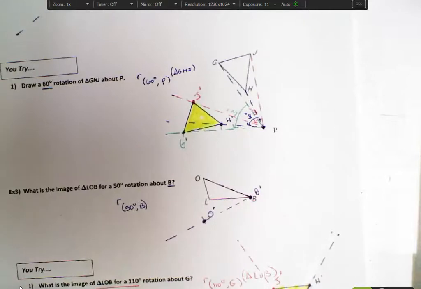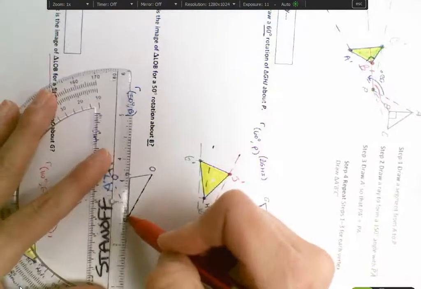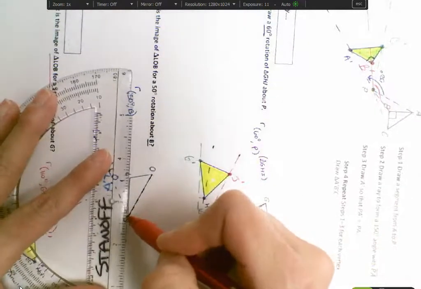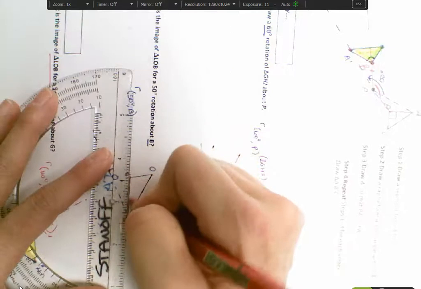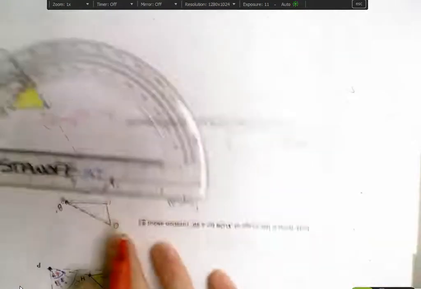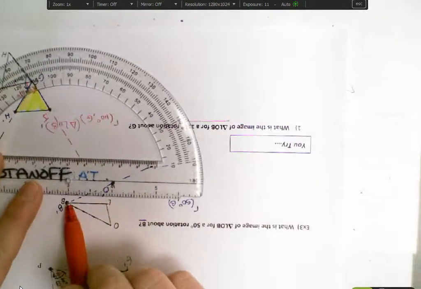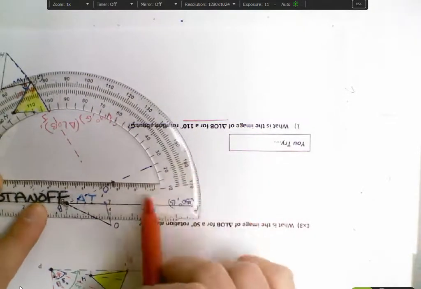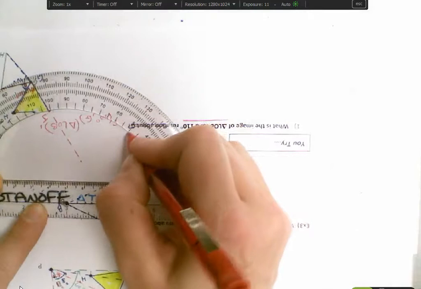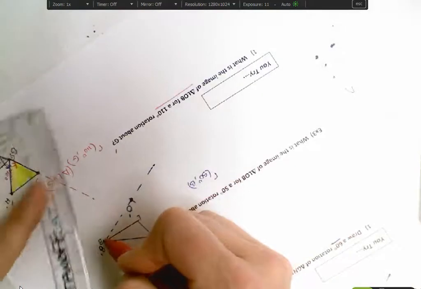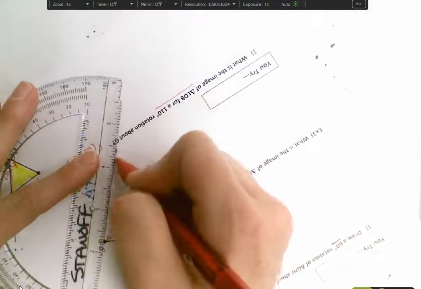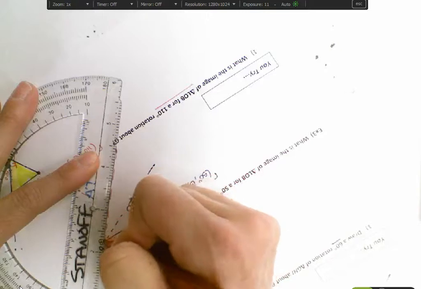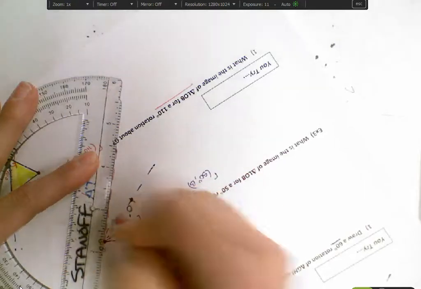We do the same exact thing as we were doing before. So we go from the center of rotation, which happens to be on my triangle, and make a dashed line to the other vertex. From there, I make sure I line up my protractor with the center of rotation and the dashed line to the right. I go up, I find 50, and then I put my second dashed line in, so that I have my second 50-degree angle.